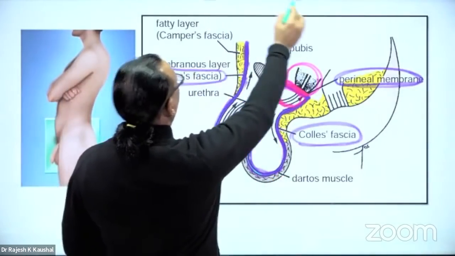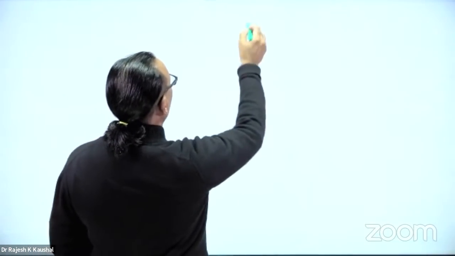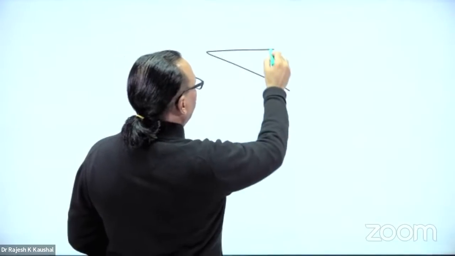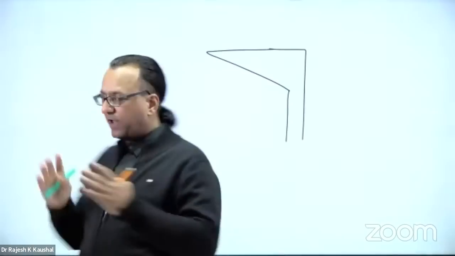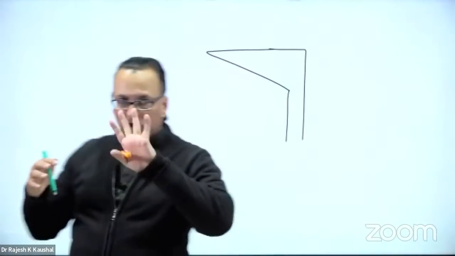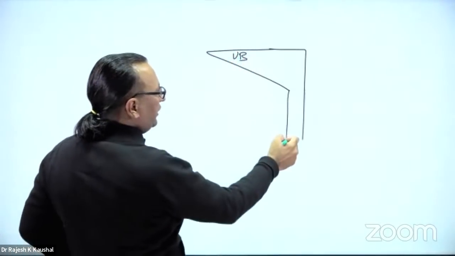Now, as we are talking about all these discussions, we also have to look at the urinary bladder giving us the urethra. So that is the urinary bladder, because you're looking from the side view, the apex is anterior, the apex of the urinary bladder. Urine from the urinary bladder is going to enter the urethra.